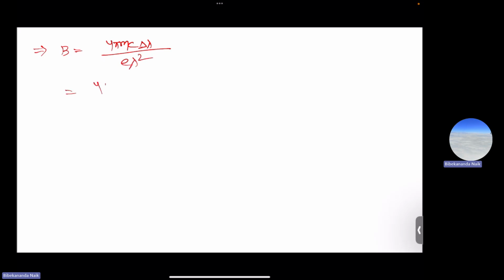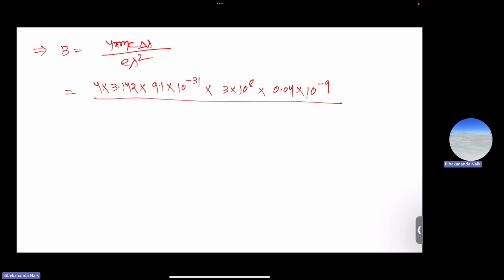If you put in the values, 4 into 3.142 into mass of electron 9.1 into 10 to the power minus 31 kg into speed of light in vacuum 3 into 10 to the power 8 into 0.04 into 10 to the power minus 9, divided by 1.6 into 10 to the power minus 19 into lambda square.